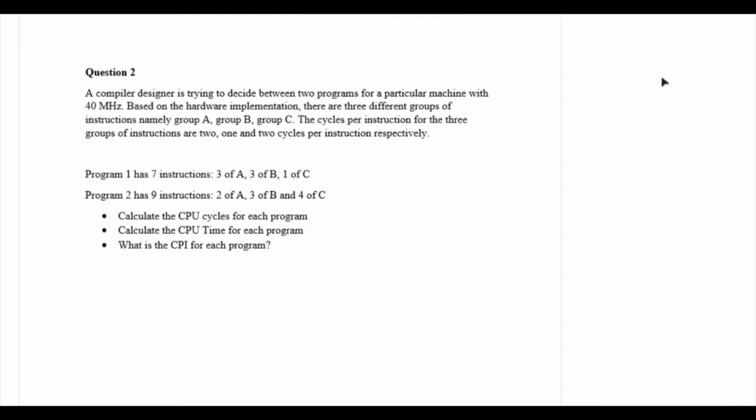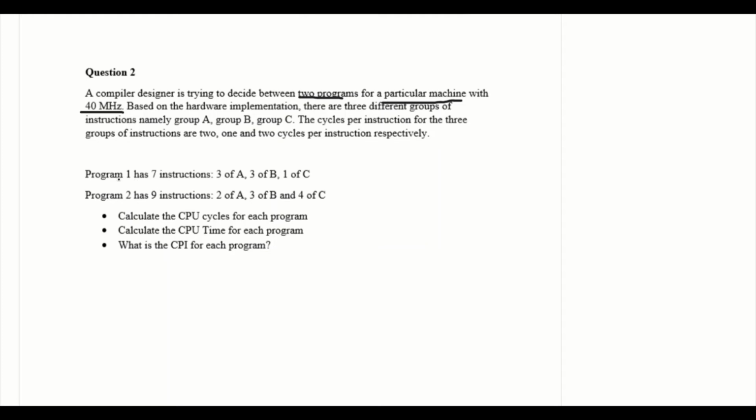Here is another question. The same type of program, but a different way of asking. Can you see here? The clock rate is given here because we have two programs that I'm going to run on a particular machine, meaning only one computer. And the clock rate is given.